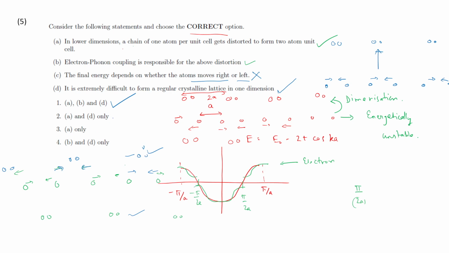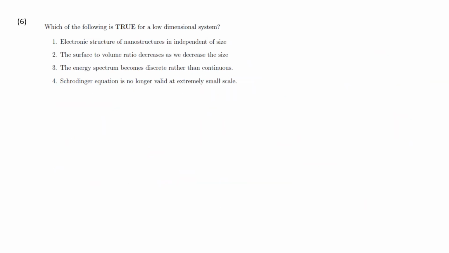Now let us go to the next question. Which of the following is true for a low dimensional system? We'll see each of the options and see which is true and which is false. The first option is: the electronic structure of nanostructures is independent of size.